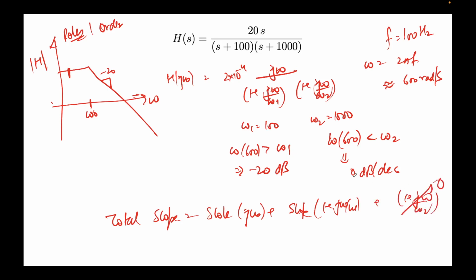This will be 0, we just saw. This is plus 20 for j omega, plus this is minus 20. So overall slope will be 0 dB per decade. This is happening because omega naught is here, but omega 2 is here.